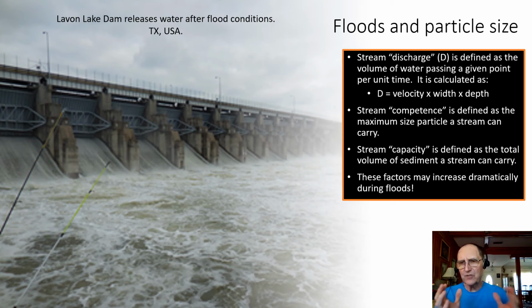The competence of a stream is defined as the maximum size particle that a stream can carry. The capacity of a stream is defined as the total volume of sediment that a stream can carry. All of these factors can increase dramatically during floods. In the picture, you see the Lavon Lake Dam releasing water after flood conditions in Texas, in the U.S.